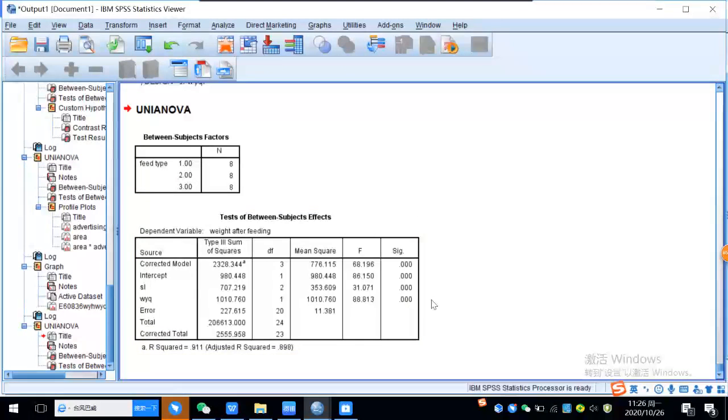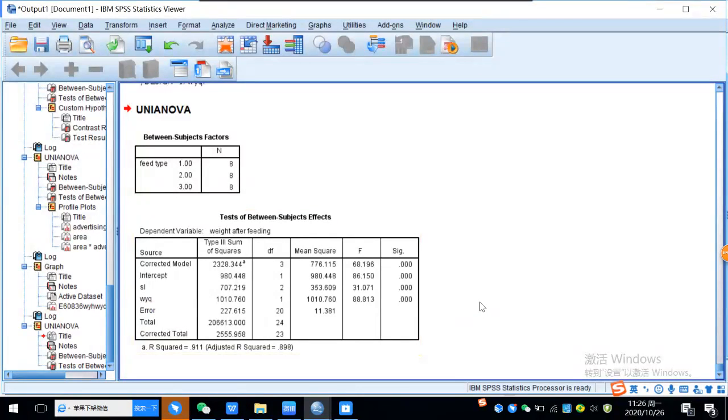If it's less than 0.001, it's absolutely less than 0.05, so we can say that the weight before feeding has a very significant impact on weight after feeding.